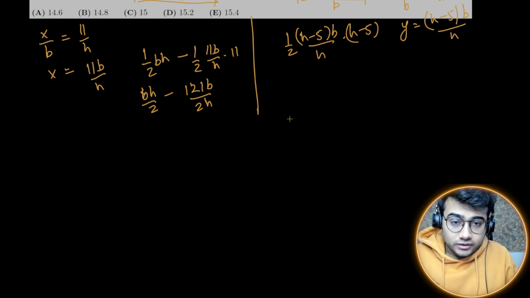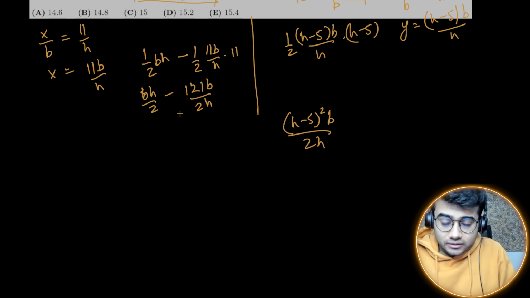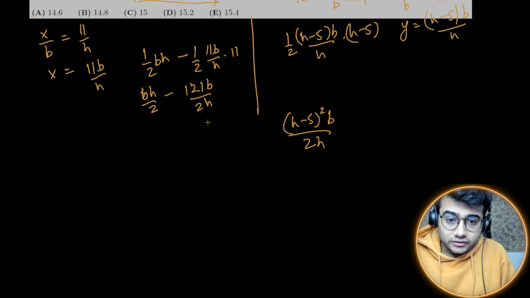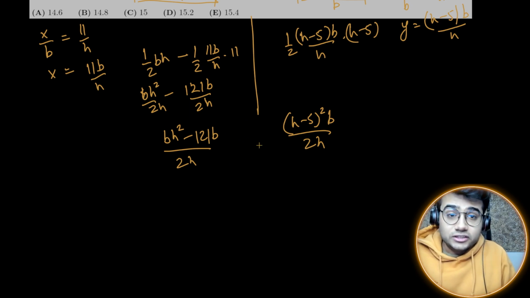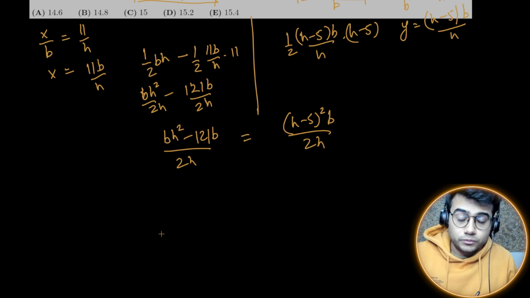So I'm going to write it down. That's going to be H minus 5 squared times B over 2H, and let me make the other area have the denominator of 2H as well. So I'll multiply the top and the bottom by H, and I end up having BH squared minus 121B over 2H. And since these two areas are equal, I can just set them equal to each other.